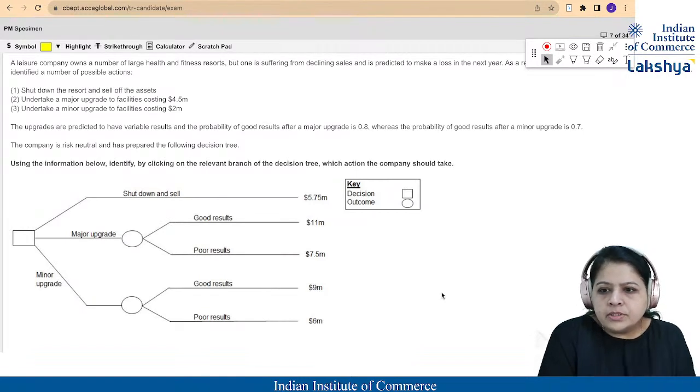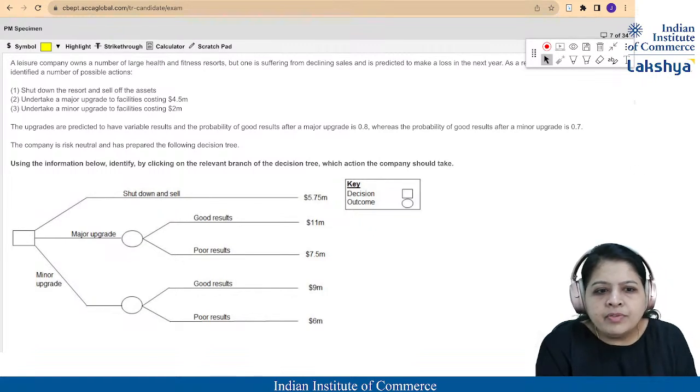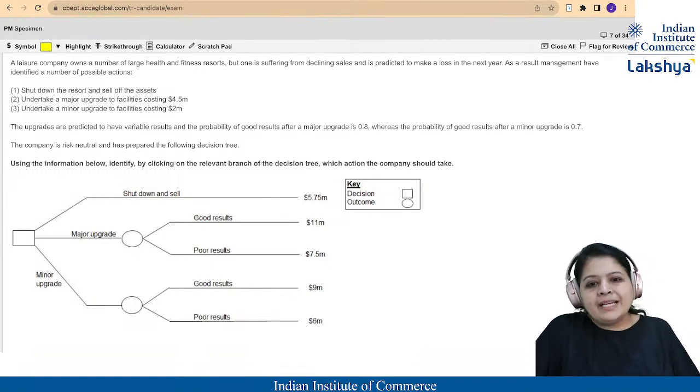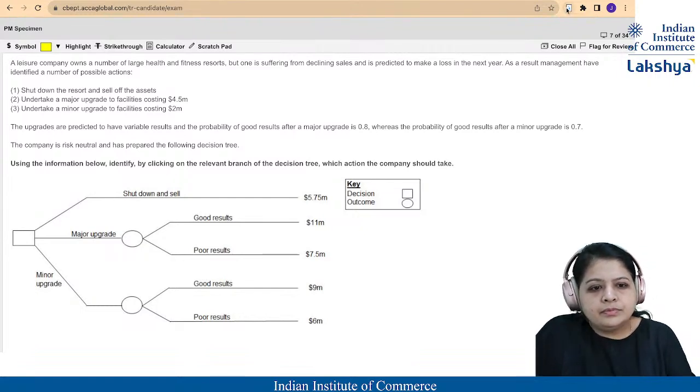What you got to do here: a leisure company owns a number of large health and fitness resorts, but one of them is suffering from declining sales and is predicted to make a loss in the next year. As a result, management have identified a number of possible actions: shut down the resort and sell off the assets, undertake a major upgrade and facilities costing 4.5 million, or undertake minor upgrades and facilities costing 2 million.